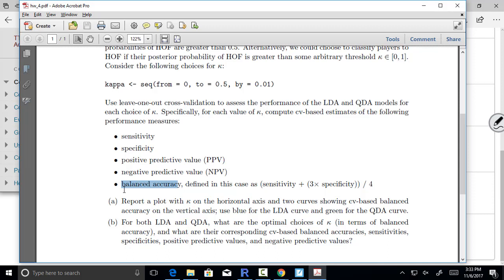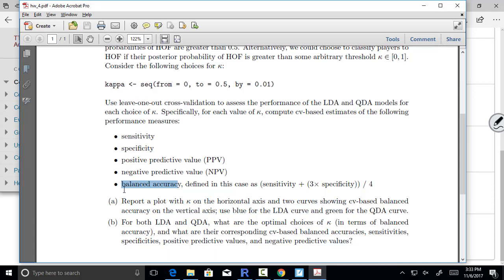Basically, it's a weighted average of sensitivity and specificity. The default choice would just be sensitivity plus specificity divided by 2. The reason it makes sense is because it's a one-number summary for accuracy, but it won't be tricked by the extremes I mentioned earlier, like you never predict Hall of Fame.